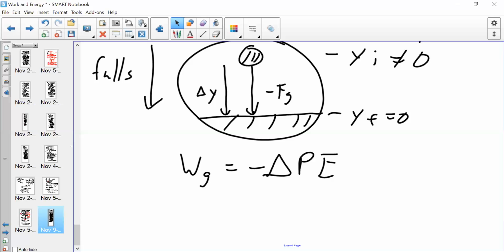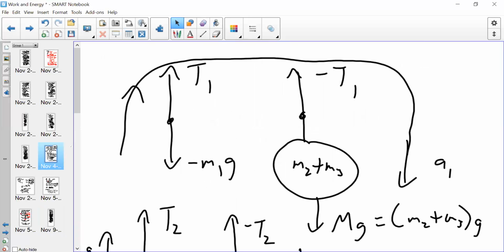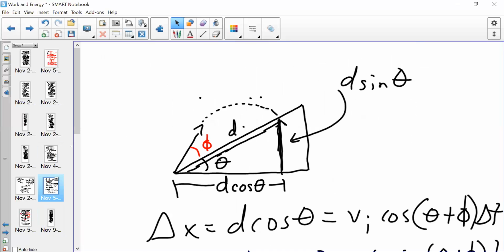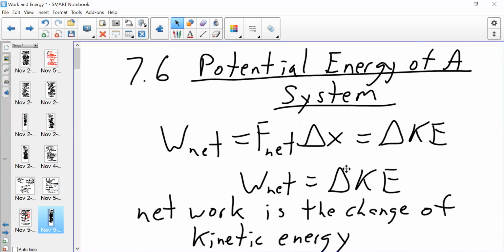So with this new equation, we're talking about the work done by gravity. We can just generalize it and say that the total work in this system, where the force in question here is the force of gravity, is going to be equal to a negative change in potential energy. Now go back to the first principles, where for an object rolling on the ground, the net work is equal to a change in kinetic energy.